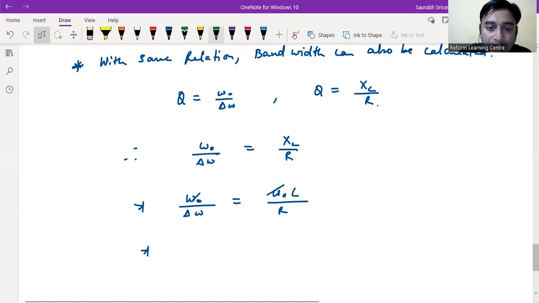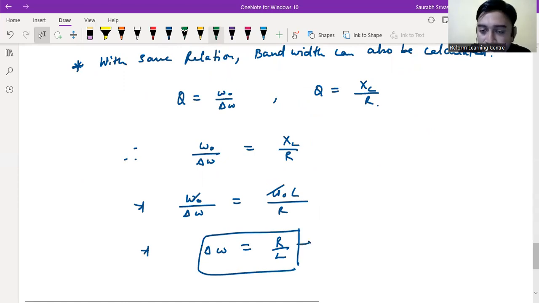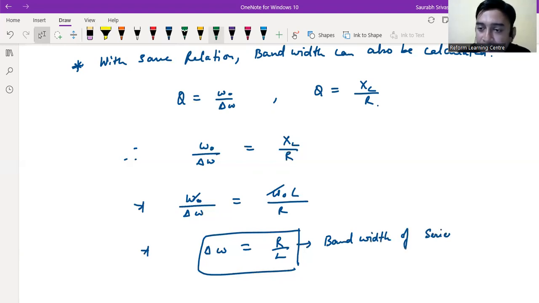This delta omega will be equal to R upon L. This is bandwidth of series RLC band pass filter. Clear?